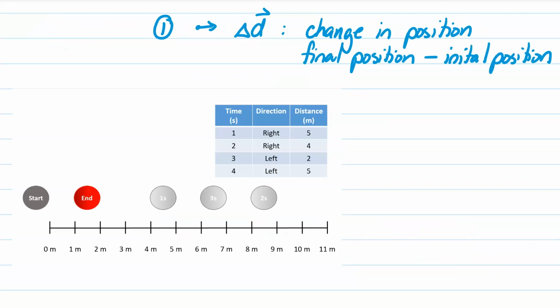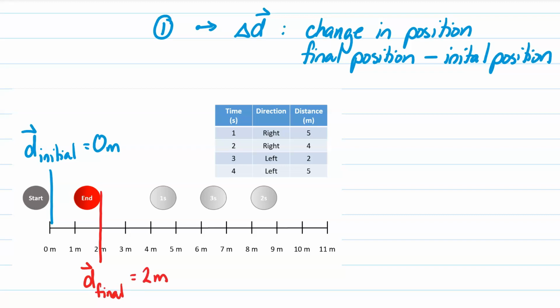So using that definition, let's calculate the displacement of that rolling ball. The initial position, d with an arrow initial, was 0 meters. And the final position, d with an arrow final, was the position of 2 meters.